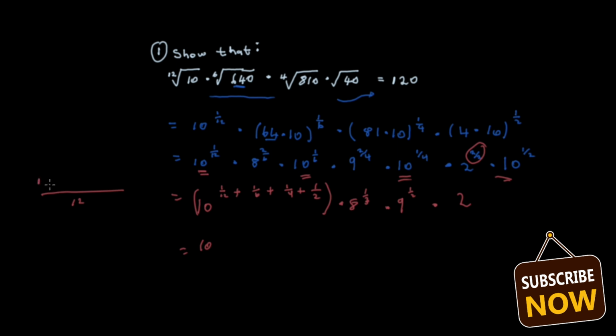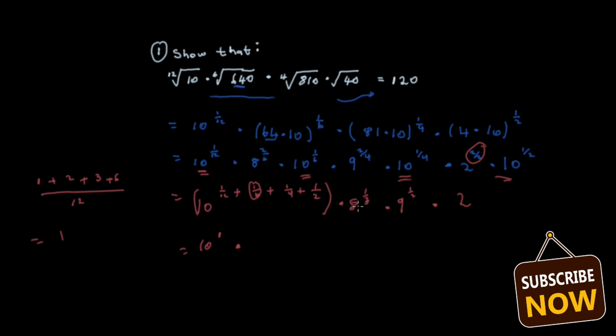It will be 1 over 12, plus 12 multiplied by 1 over 6, which would be 2, plus 12 multiplied by 1 over 4, which would be 3, plus 12 multiplied by half, which would be 6. Now the answer could be 1, so it will be 10 to the power of 1 over here, multiplied by.